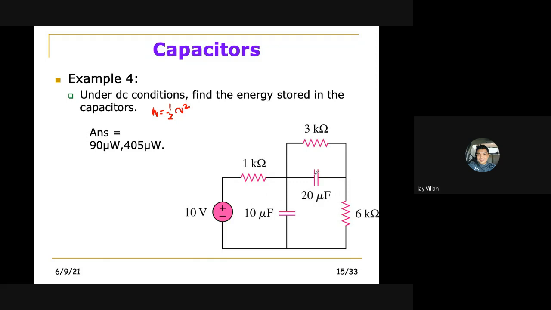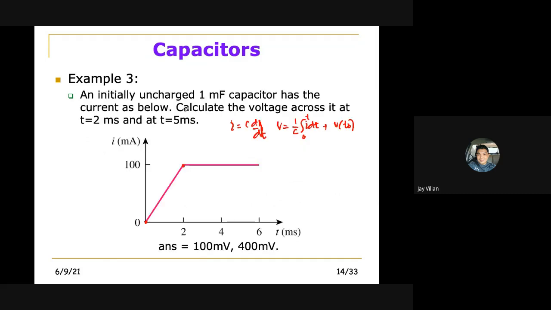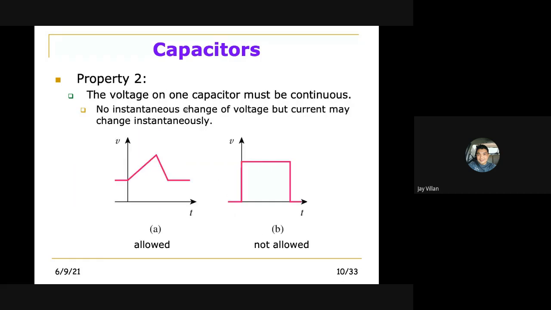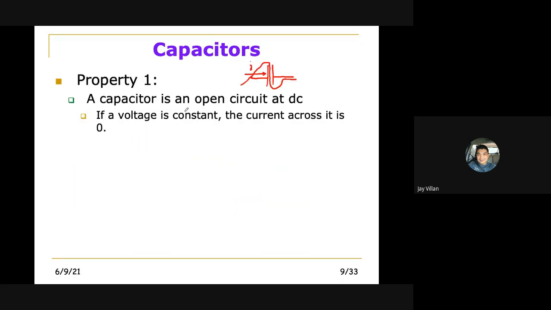So what will be the voltage across that capacitor? In both cases, for example number 3 and example number 4, we make use of these properties. First property, a capacitor is an open circuit at DC. So if a voltage is constant, the current across it is equal to 0.